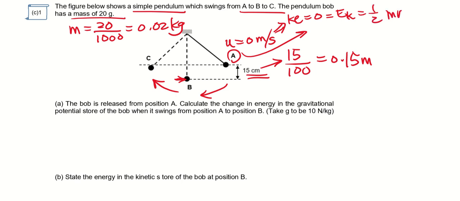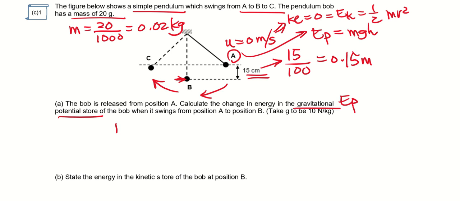So let's stick to that. And this is the energy in the gravitational potential store, so I should write EP, which equals mgh. The bob is released from position A. Calculate the change in energy in the gravitational potential store. So this is actually my EP of the bob when it swings from A to B.